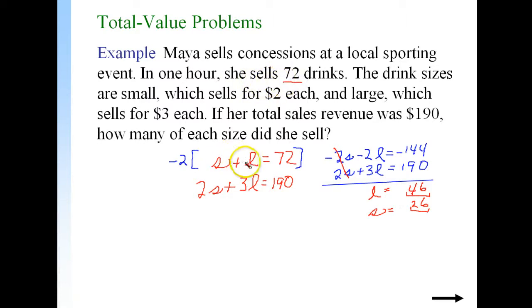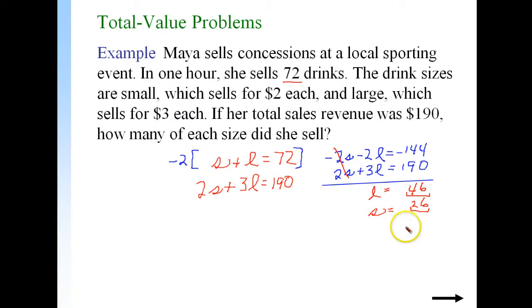The two sizes equal the total. $2 for the small, $3 for the large. This is your total income. There are your two equations. So I then multiplied the top one by a negative 2 each term. That allows me to cancel out the s's through elimination, and there's my answer.